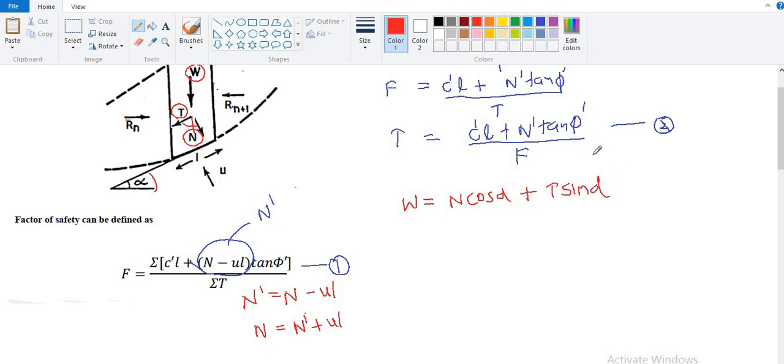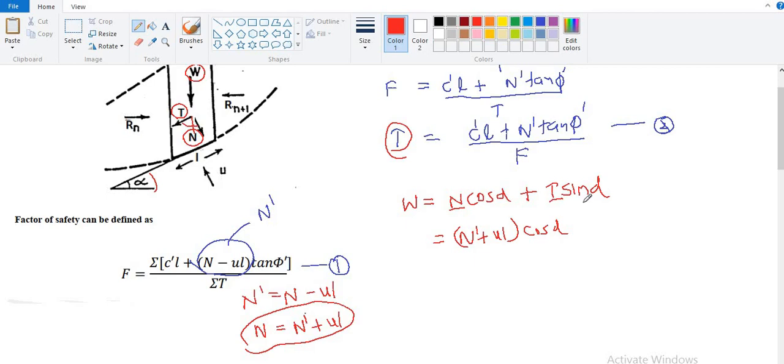So what I'm going to do here is replace this N using this equation. If I replace this, N becomes N dash plus UL, times cos alpha. And also I'm going to replace this T using equation number 2.